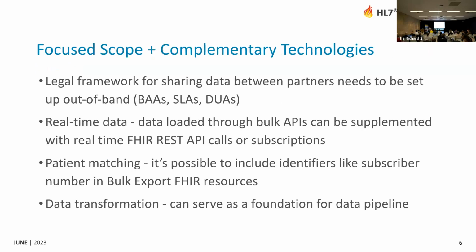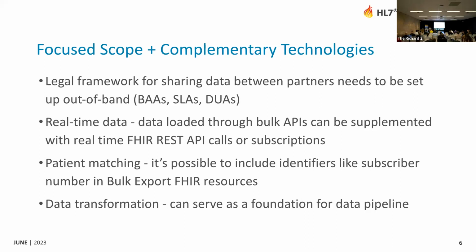So I think it's also really interesting to talk about what's not currently in the bulk data spec. There are a couple of things that we decided were out of scope initially, and I think it's worth reviewing these. One is that this is a technical specification for how to move data from point A to point B. So it assumes that both parties, the party sending the data and the party receiving the data, have an agreement, and that the receiving party has the right to access this data.